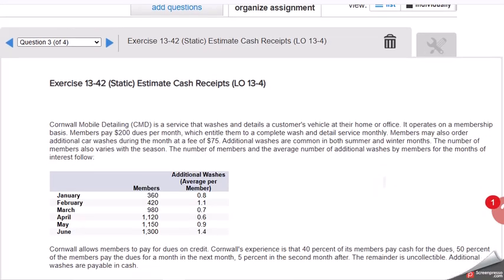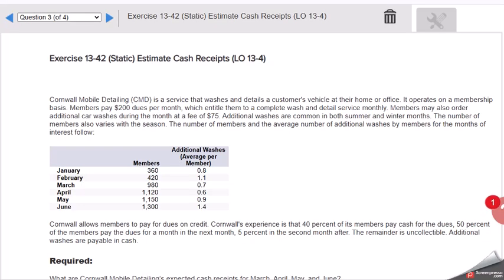Okay, then estimating our cash receipts is a similar scenario. We look at how the sales happened during the month, and then how do they pay us. So in this case, it's a mobile detailing company that washes and details vehicles. It operates on a membership basis.